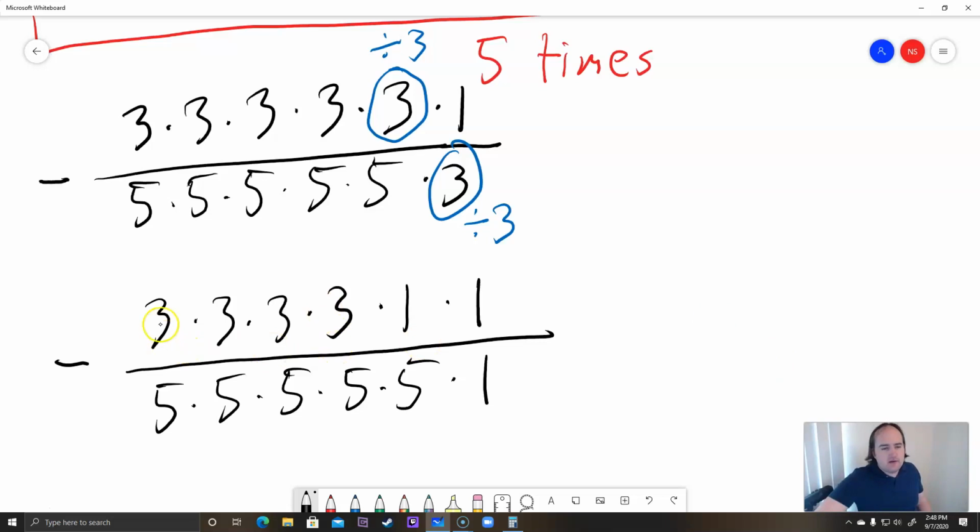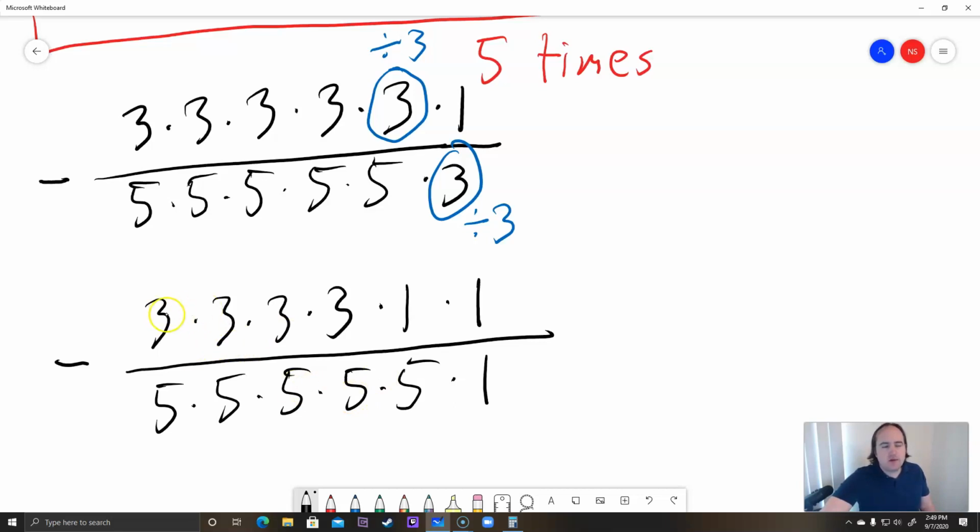Okay, and then you can multiply all this out, and the 3's are not that bad to multiply out, but the 5's are pretty hard to multiply out. So I would recommend that most of you use a calculator for this, and if you want to, you can just use whatever calculator comes on your computer.